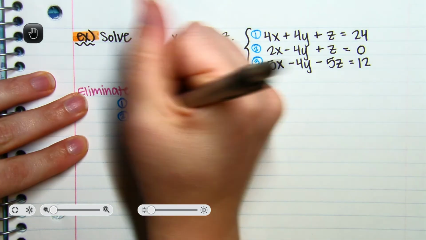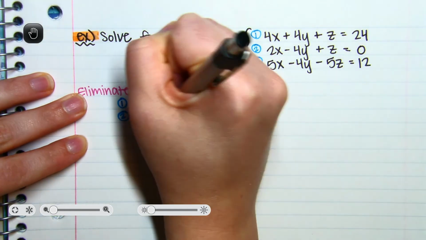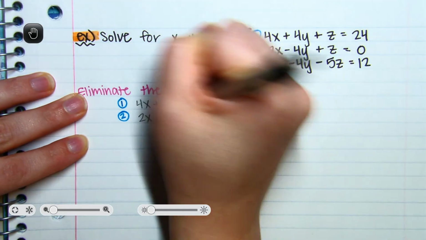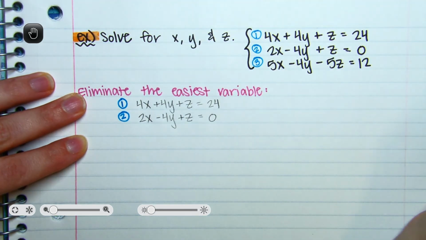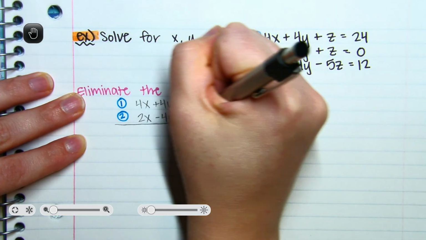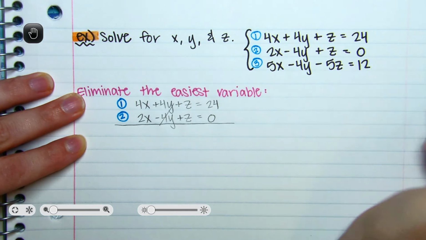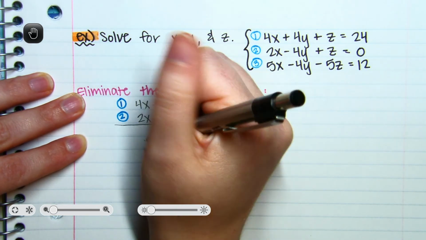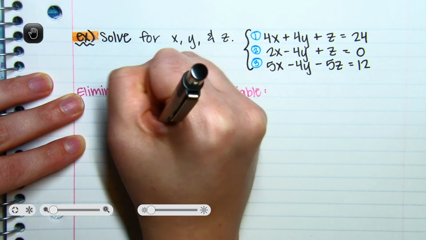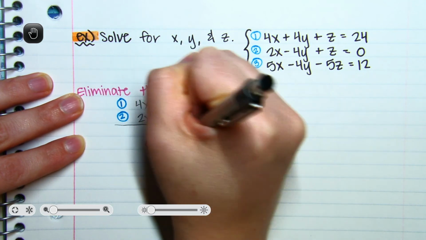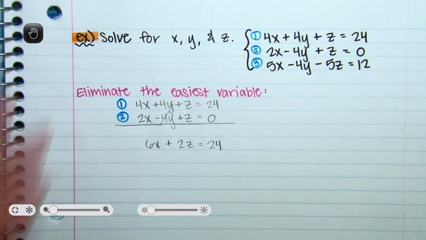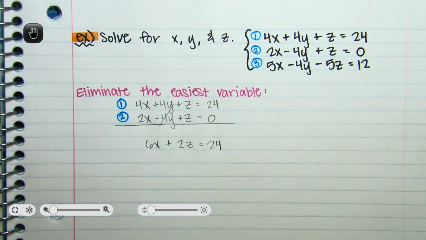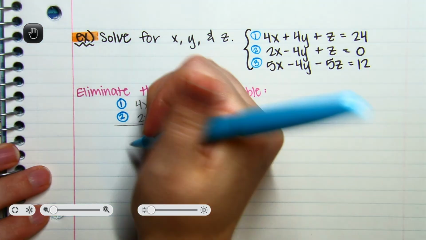And rewrite equation 2. All right, now I'm going to add these together. That's going to eliminate my y. I now have a new equation. I'm going to call this equation number 4.